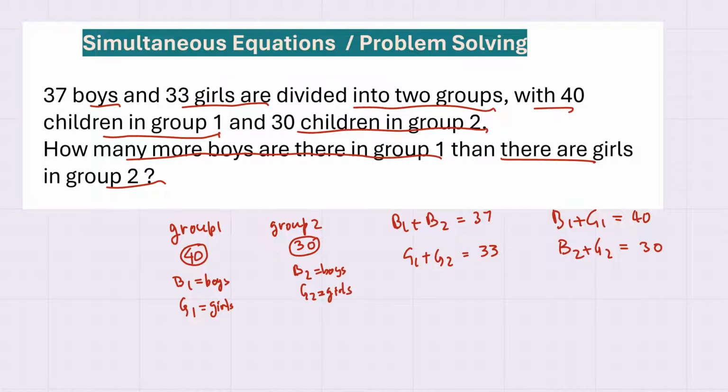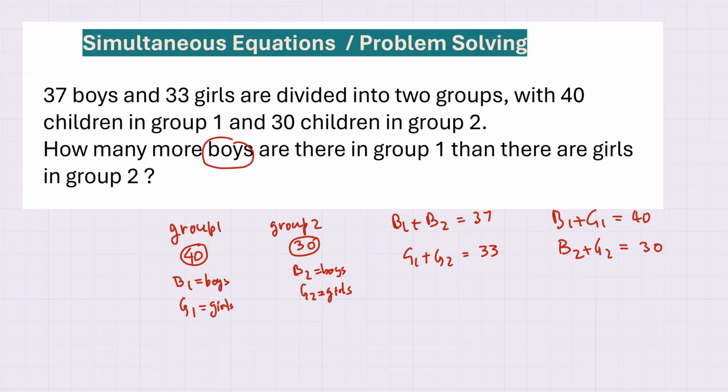So what do we have to find here now? We really don't need to find the number of boys or the number of girls in each group. What we do need to find is how many more boys there are in group 1 than there are girls in group 2.